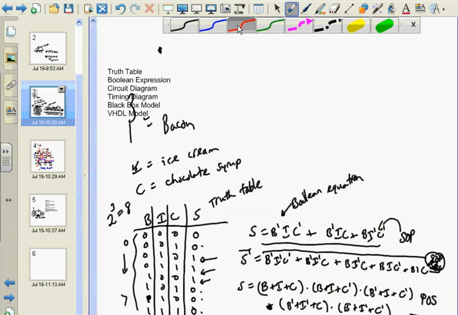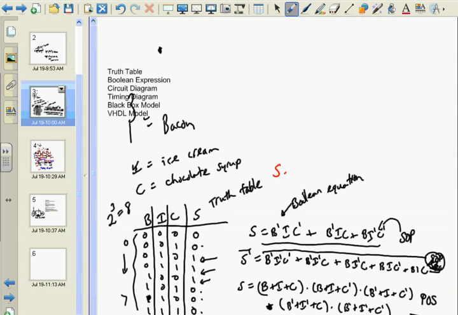I'm going to write it in red here. S is equal to the sum of 2, 3, 4. And in compact maxterm form, it's going to be the opposite of that, where the zeros are in the circuit, the product of 0, 1, 5, 6, and 7. And if you expand these out, you get what we did, the SOP form and the POS form.